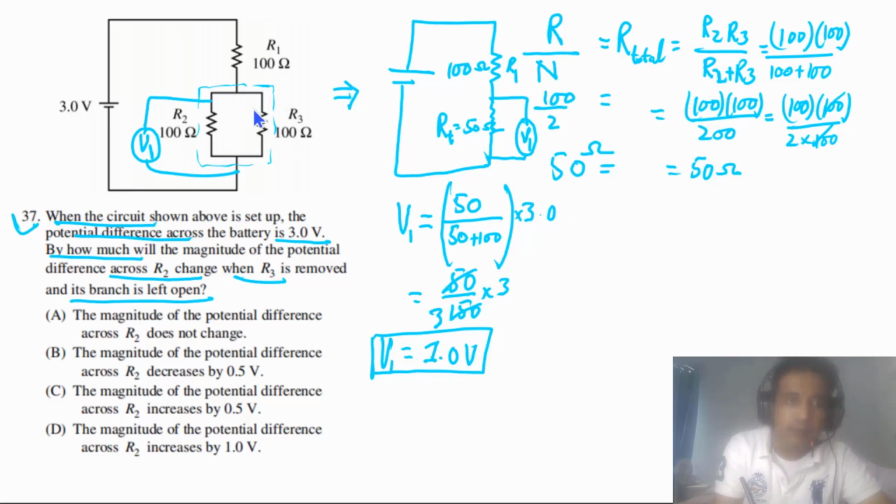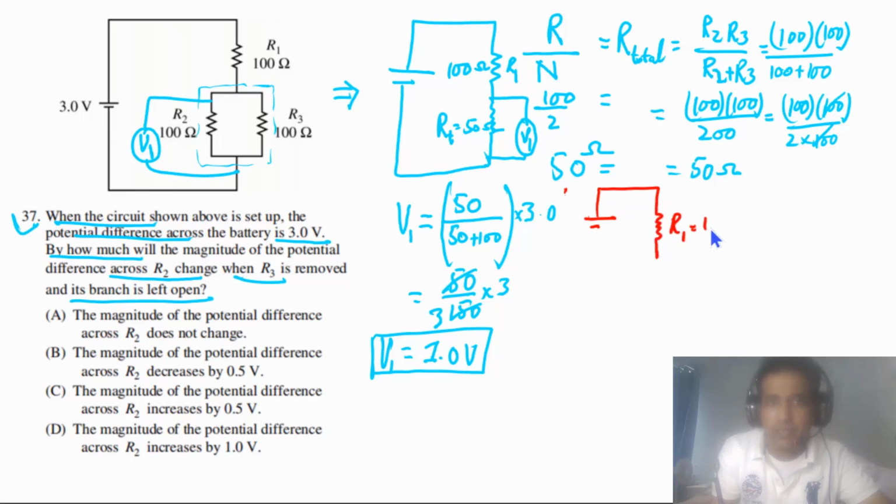Now we have to remove this one, so we can redraw our circuit. Simply, we have a 3 volts battery and one resistor, R1, with resistance equal to 100 ohms, and the second resistor R2, whose resistance is also 100 ohms.